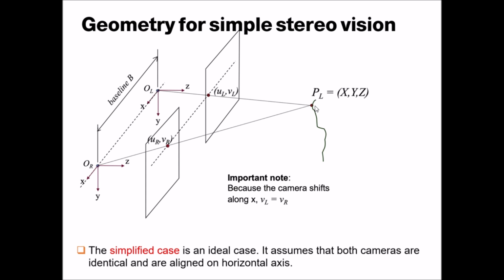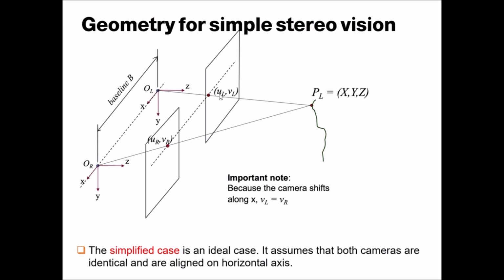This object has 3D information in the X, Y and Z dimensions, and this camera has this image plane. This camera has already taken the image of this 3D object, and you can see the same point of the 3D object for camera number one, the left camera, will be here, with the position u and v, u for x and v for y.